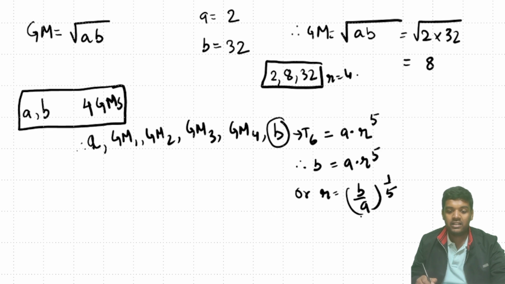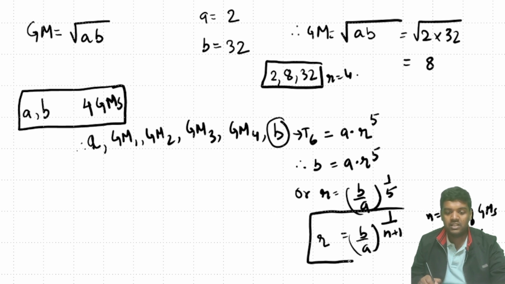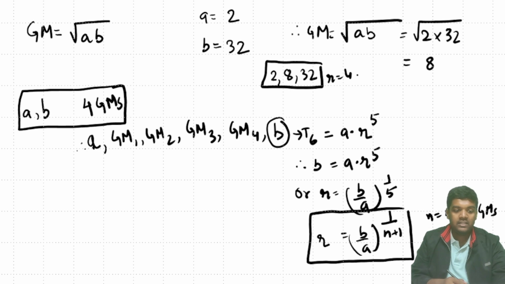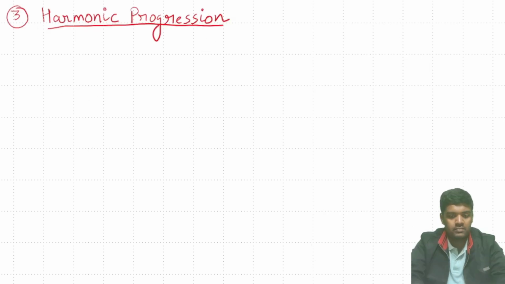This is nothing but B by A whole to the power 1 by n plus 1, where n is the number of GMs inserted. So my common ratio for the 6 terms will be R equals B by A whole to the power 1 by n plus 1. Let's move on to the next topic.